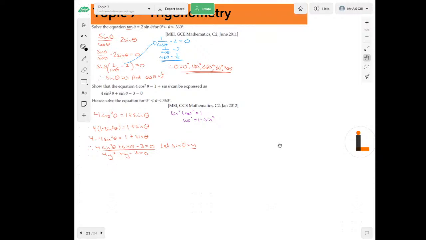And then we need to go through and solve this, and you can use your calculators to solve it, or just attempt some trial and error to solve it there. But we should end up with it factorized as (4y minus 3)(y plus 1) equals 0.